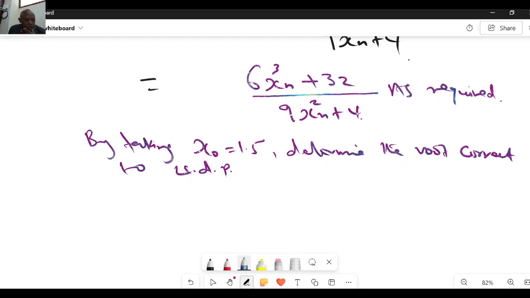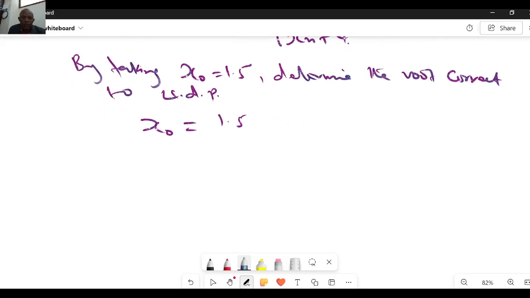So now we want to start substituting. We know that x0 equals 1.5, isn't it? So what about x1? You replace where we have x0.